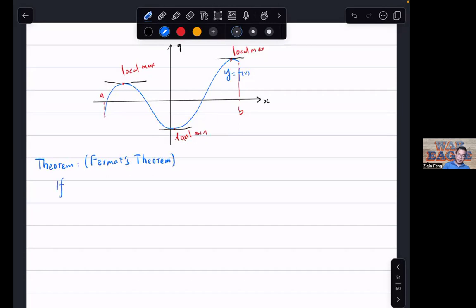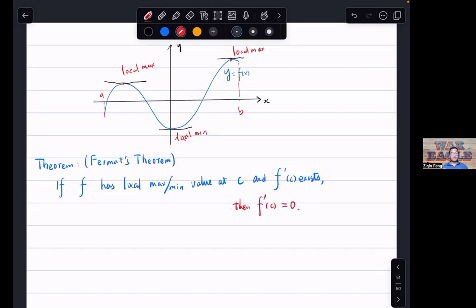So if f has a local extreme value, maximum or minimum, at c, so f of c is either a local maximum or local minimum, and f prime of c exists, which means the slope of the tangent line exists, then only one thing could happen by our discussion: f prime of c equals 0. Very nice result.